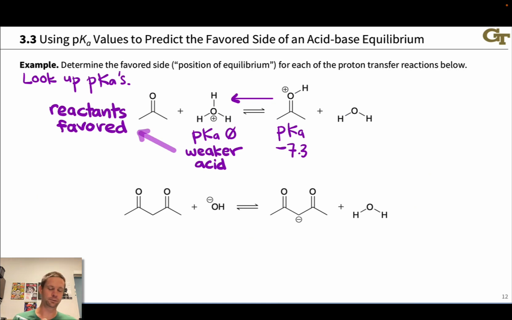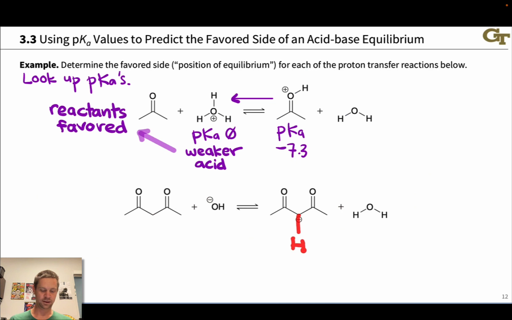What about the second case? Well, here we have hydroxide forming water. So hydroxide is acting as a base toward this dicarbonyl compound, and the dicarbonyl compound is losing a proton. We can see that if we notice I've got 2 hydrogens linked to this carbon. In the product anion, I've lost a positive charge and I've lost a hydrogen.